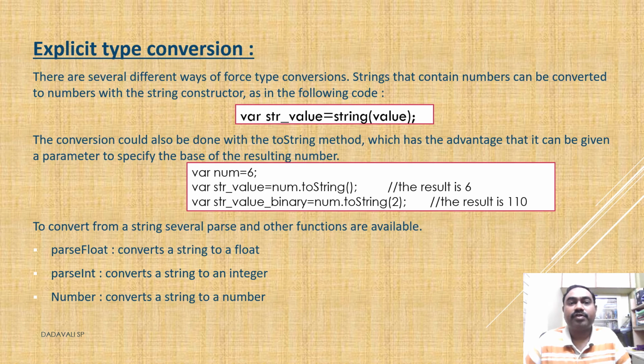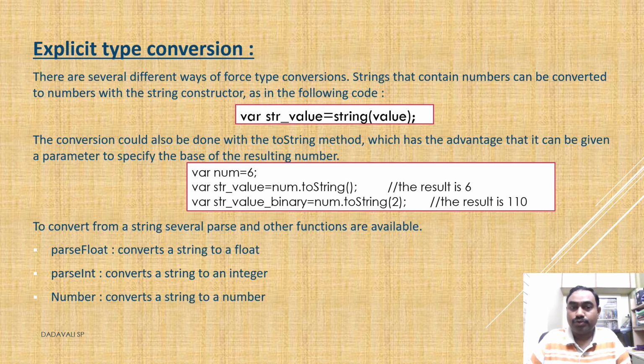As one example, you can observe variable stringValue equals String within the brackets value. It explicitly converts it into a string. Here is another example: variable number equals 6. This is a number. Then stringValue equals number.toString. The result is 6.